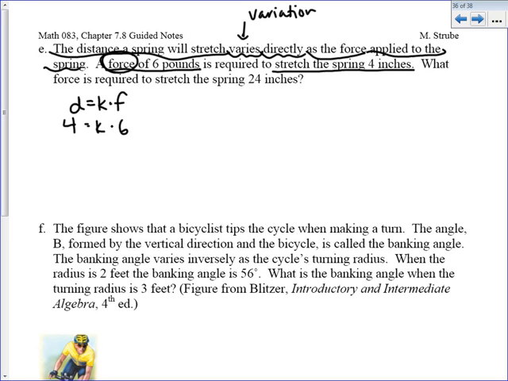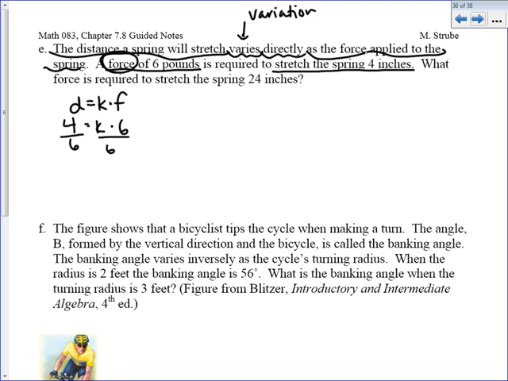And now we've got to solve for K. I'm going to solve by dividing both sides by 6. So I get K equals 4/6. Now every other time we could divide, and we just got this nice even number. 4/6 is not an even number. And I don't want any rounding errors, so we're not going to round it. We're going to leave K as a fraction. I'm not going to leave 4/6. But we're big kids.